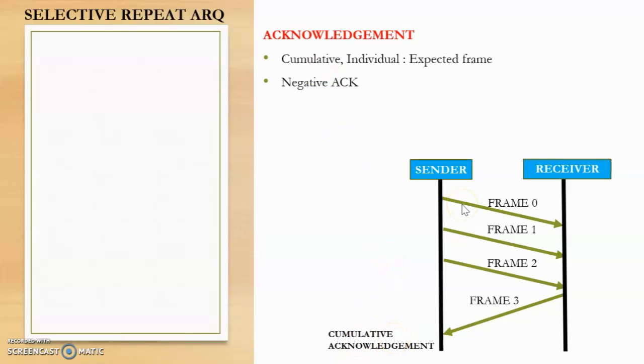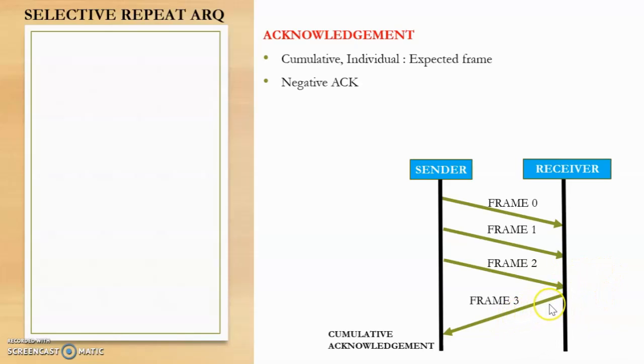Say for example, the sender has sent frames 0, 1 and 2, and suppose the receiver has correctly received all these 3 frames, that is frame number 0, 1 and 2. In this case, the receiver can directly send an acknowledgement for the next expected frame. Now suppose the next expected frame is frame number 3.